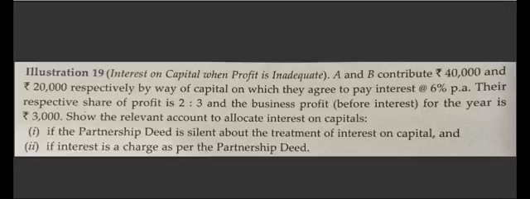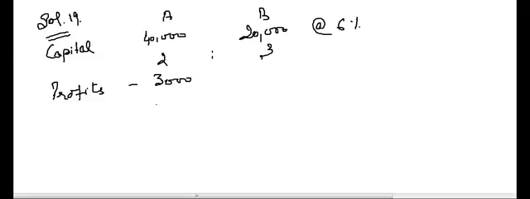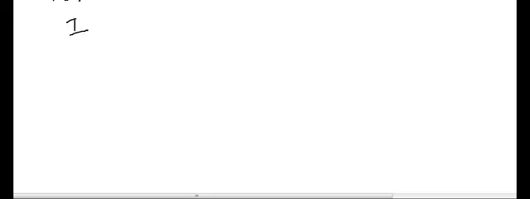I have told you in the last lecture that if the partnership deed is silent as to the treatment of interest on capital, then we will assume it as appropriation. Clear? So in the first case we'll be preparing the profit and loss appropriation account.